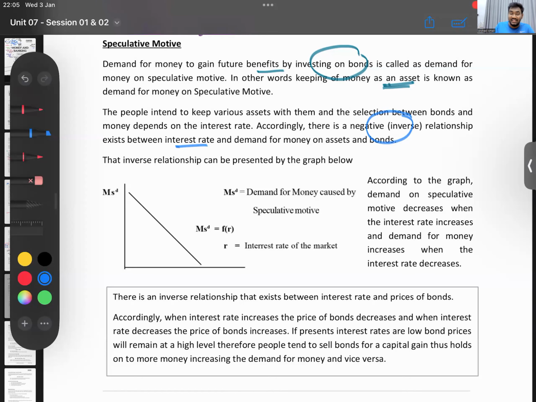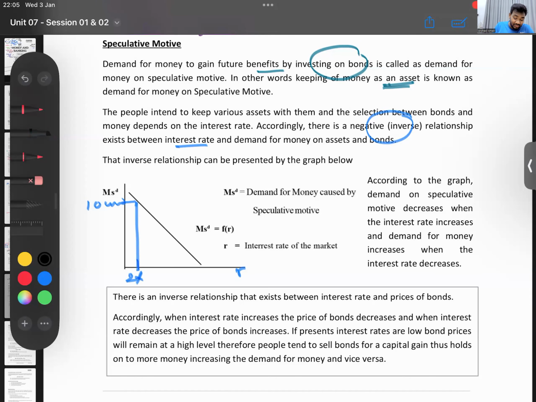Look at the diagram, look at the graph. This axis is interest rate. Let's say interest rate is 2%. When interest rates are low, the demand for money under the speculative motive is high. So when interest rates are low, what happens? Connect with the price of bonds and see what we wrote.